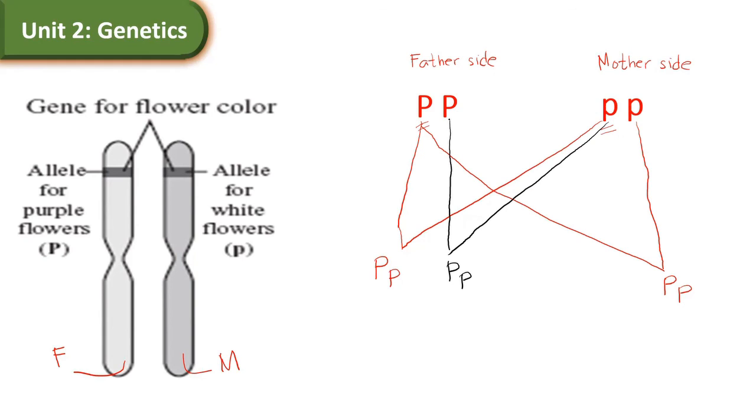Or the father can give this one allele and the mother can give this one allele, and the baby can have this set of alleles. So this is what you mean by Mendel's second law of inheritance. One allele is contributed by the father and one allele is contributed by the mother, so that the offspring or the baby can have a set of alleles coming from the father and the mother.